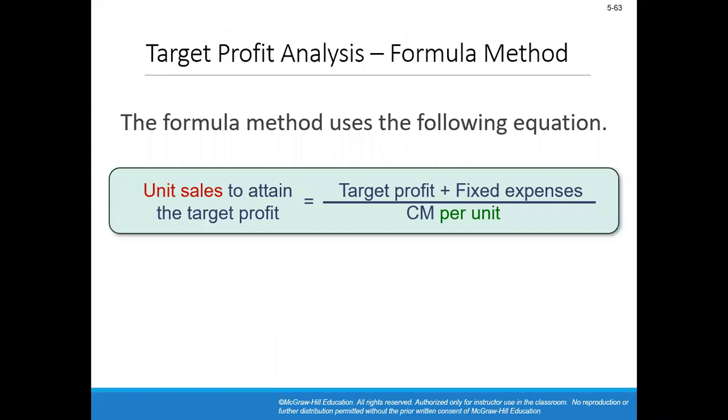Now the formula approach: you probably used the formula method for determining the break-even quantity of sales. Now we are using the formula method for the purpose of getting the target profit. So you see that we need to cover at least 2 expenses now with our contribution margin. Which expenses do we need to cover? First of all, fixed expenses.